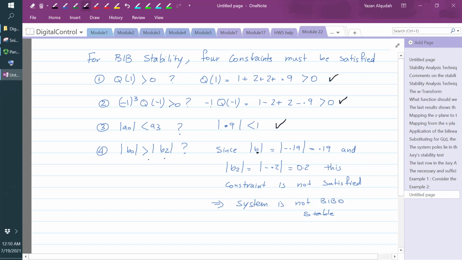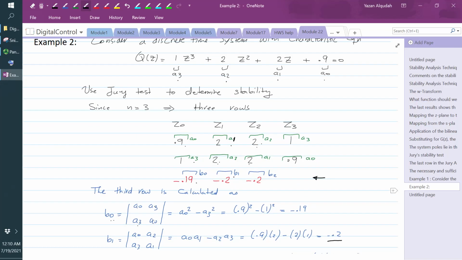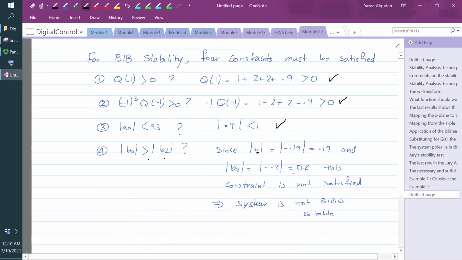The absolute value of B0 is equal to the absolute value of negative 0.19, which is 0.19, and the absolute value of B2 is the absolute value of negative 0.2, which is 0.2. This constraint is not satisfied. I need B0, which is 0.19, to be greater than 0.2, which is not satisfied. Therefore, this system is not bounded input, bounded output stable.